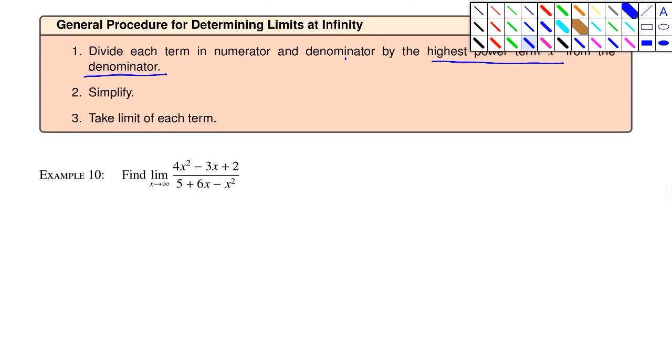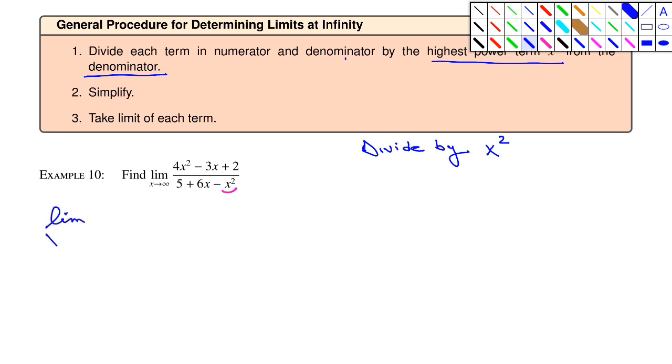Example number 10. Find the limit as x goes to infinity of 4x squared minus 3x plus 2 divided by 5 plus 6x minus x squared. We are going to divide by the highest power term in the denominator, which is x squared. You can ignore the negative and any of the coefficients that go along with that highest power term. They're not relevant.